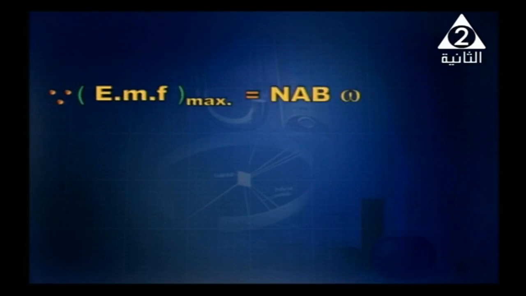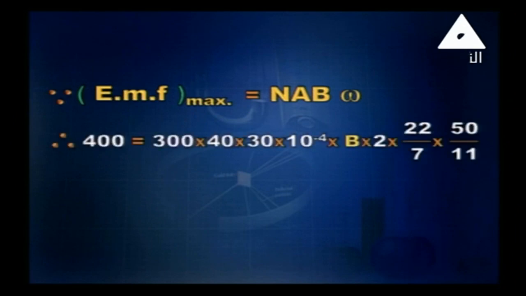Maximum EMF also is equal to NAB omega. So 400 is equal to, number of turns is 300. We've got 300 turns on the coil. Dimensions are 40 and 30 centimeters, so they are converted into meters, multiplied by 10 to the power of negative 4 to convert from centimeters squared into meters squared.